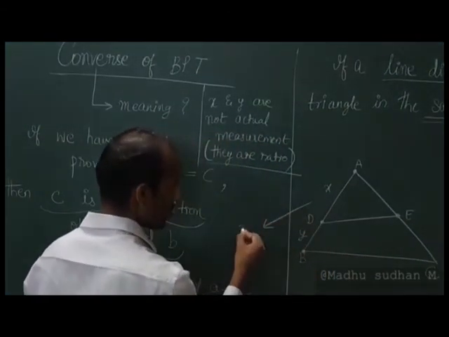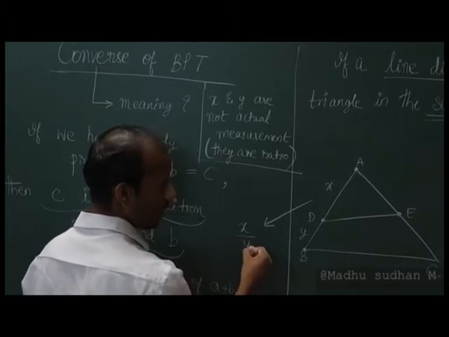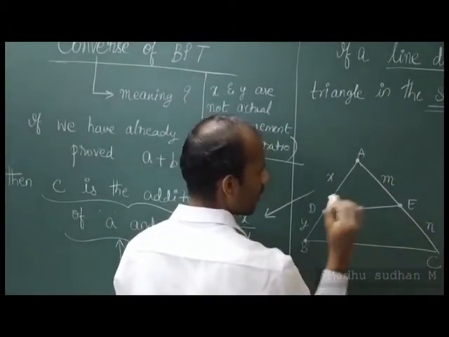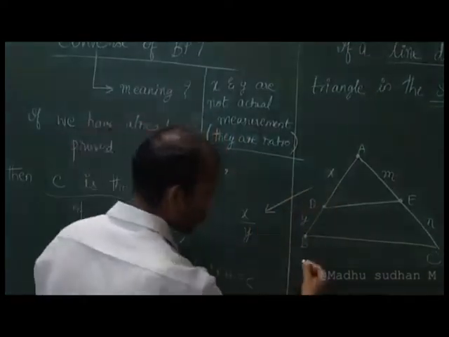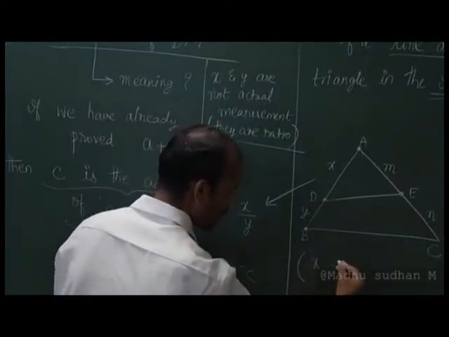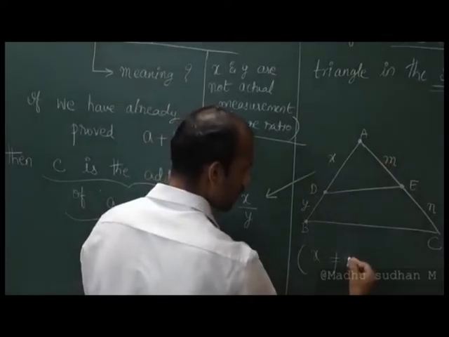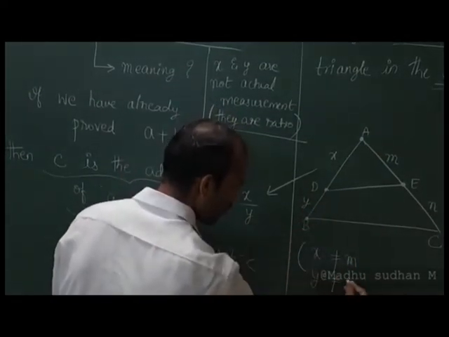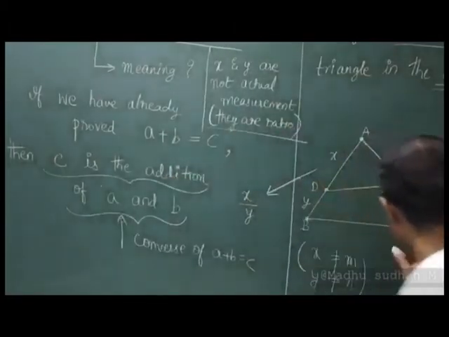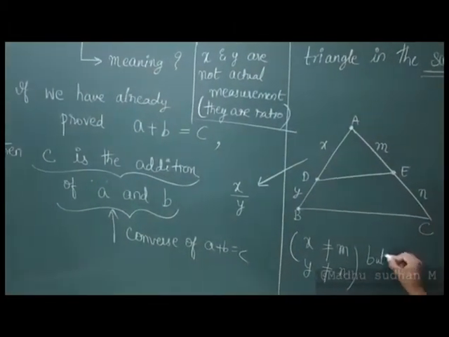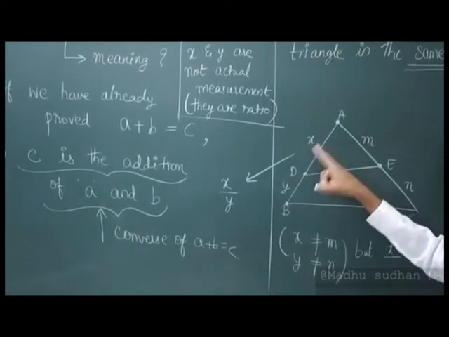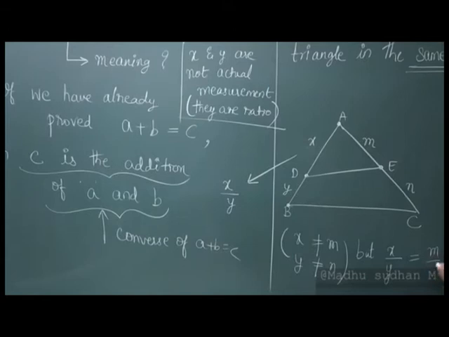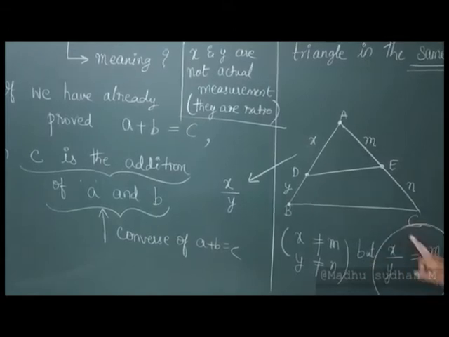So this side it is X by Y. So here this side, let me call this M and this N. So let me write here: X is not equal to M and Y is not equal to N. But X by Y is equal to M by N. So this is the statement here.